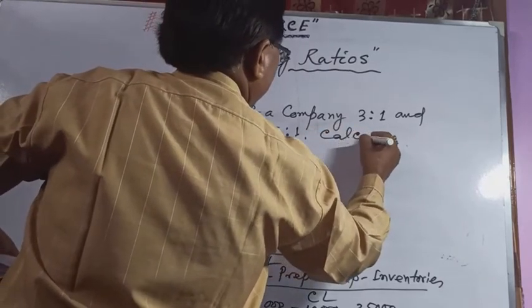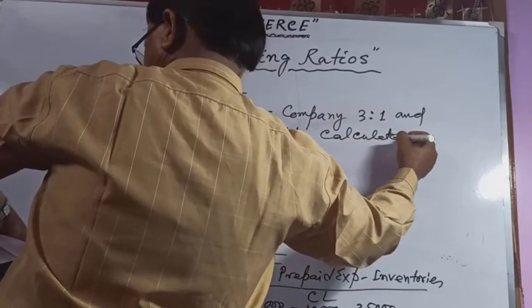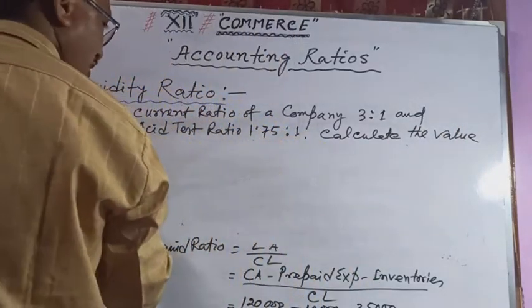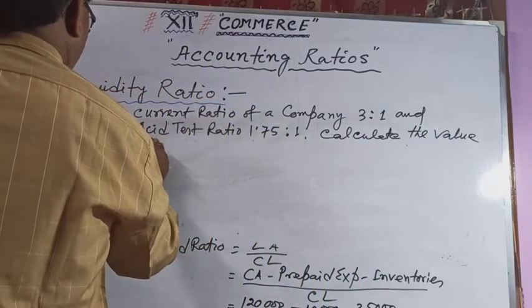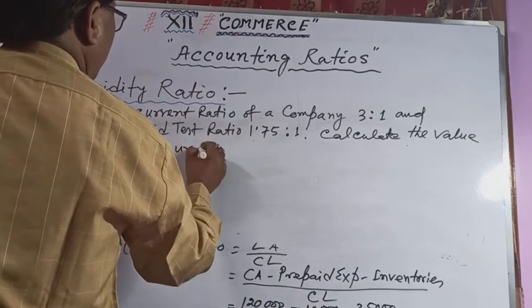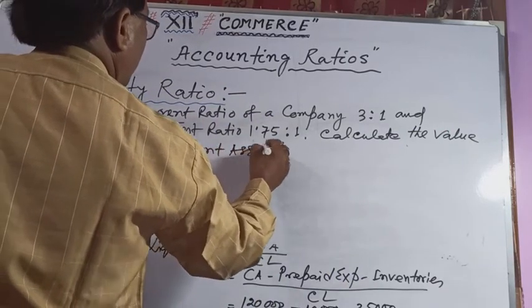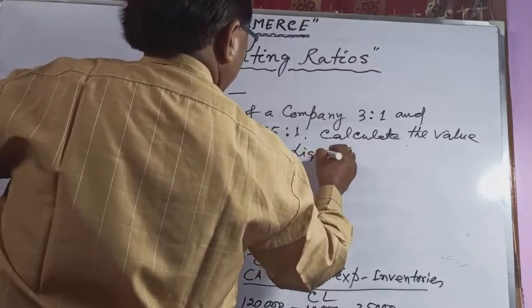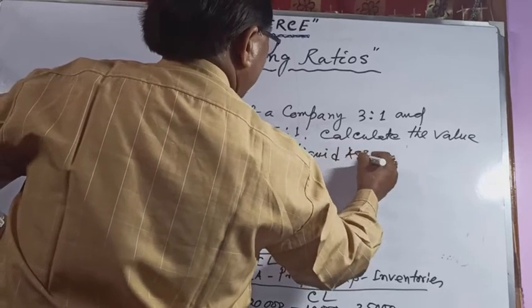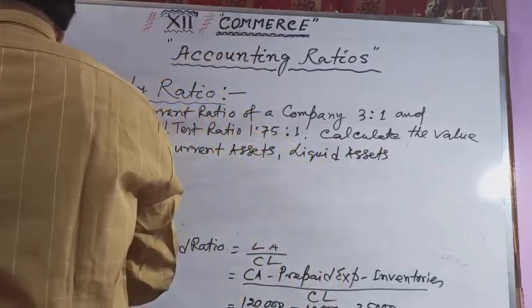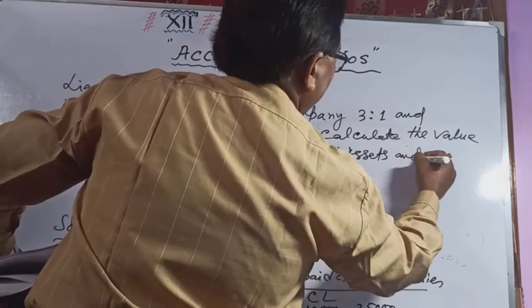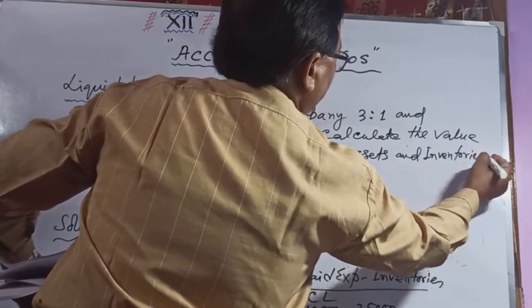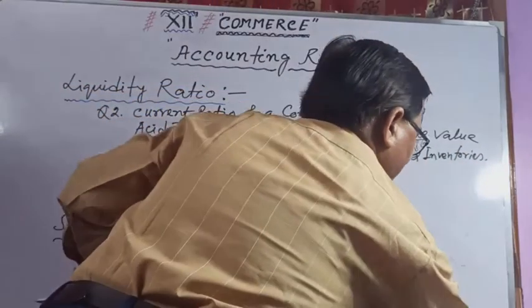Calculate the value of current assets, liquid assets and inventories. Okay, 2 marks or 3 marks.